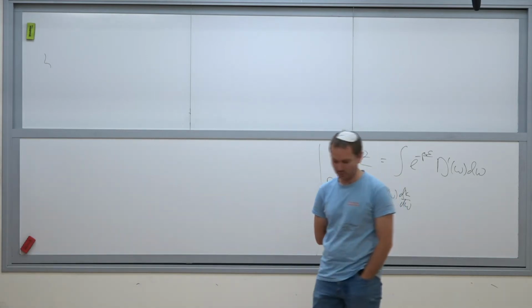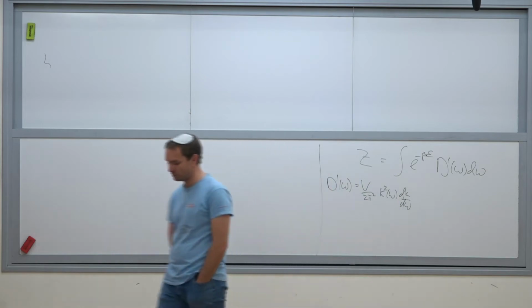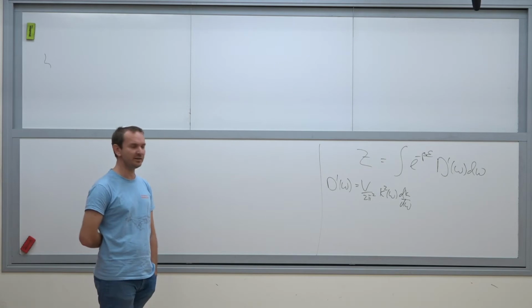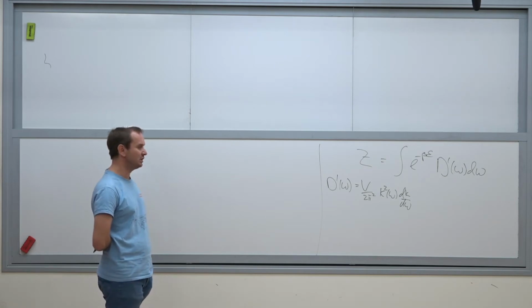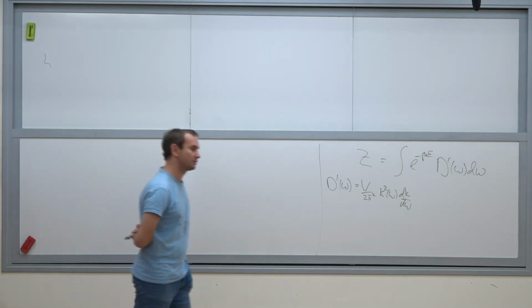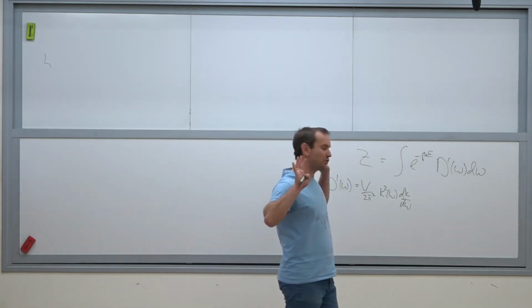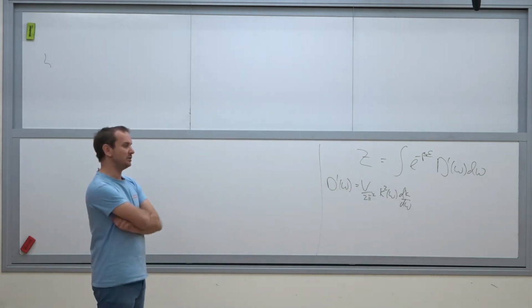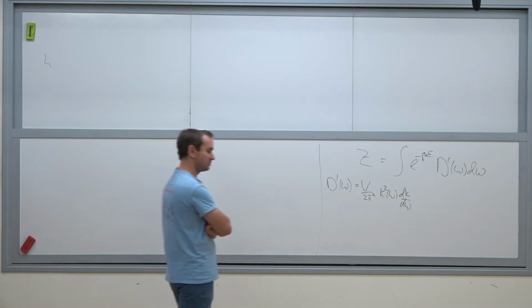Okay, so we have a particle in the box. We describe those particles in terms of the quantum mechanical wave function, and we assumed that everything was isotropic. So we don't care about very specific directions for our particle in the box.